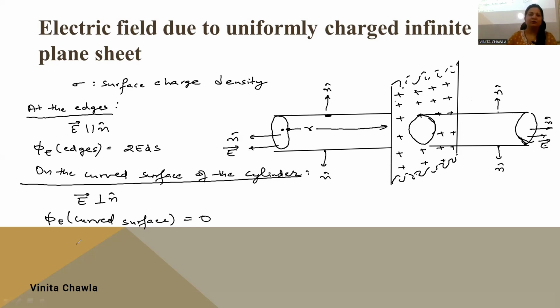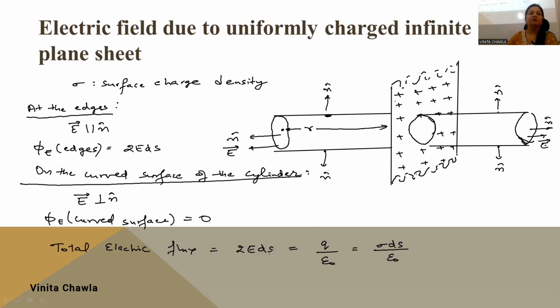And therefore the total electric flux is equal to 2 E ds. Also, according to Gauss's law, the electric flux is 1 upon epsilon naught times the total charge contained inside S. And this Q can be written as sigma ds, because we are considering a small area element.